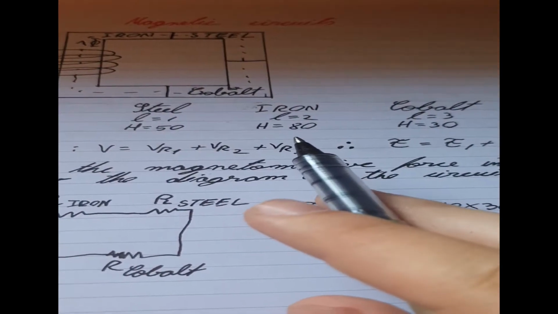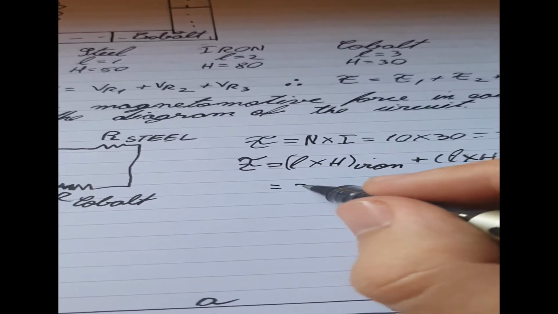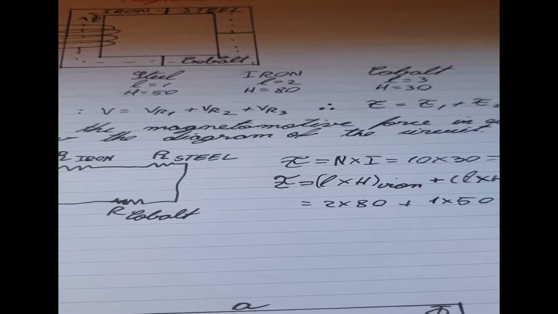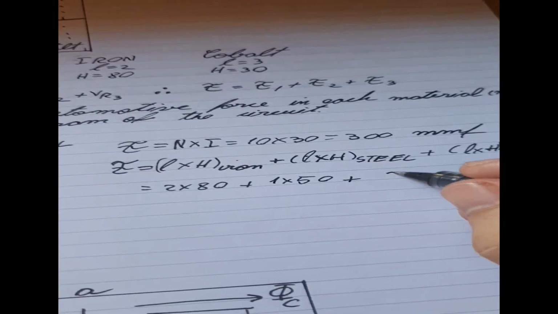I gave myself all the values that I need, so we just need to replace them. For example, in iron the length is 2 and the magnetic force is 80, so it's 2 times 80. For steel it's 1 times 50, and for cobalt it's 3 times 30.